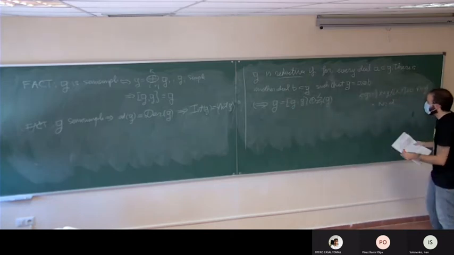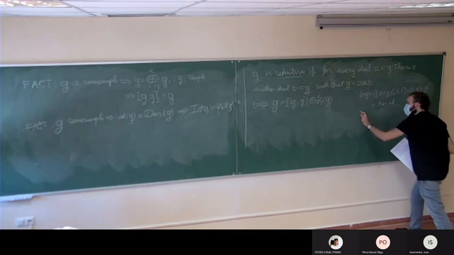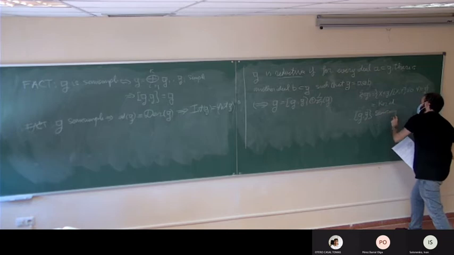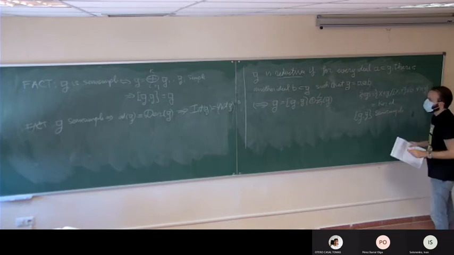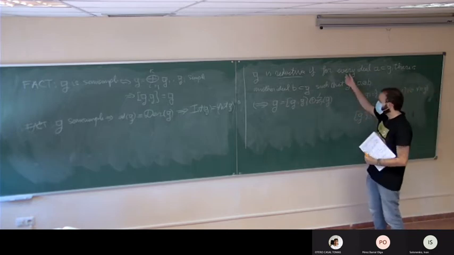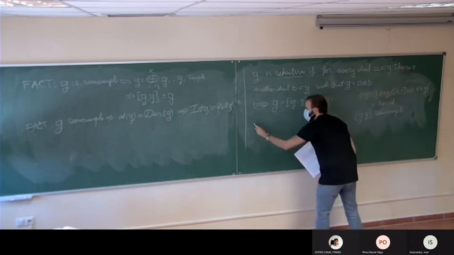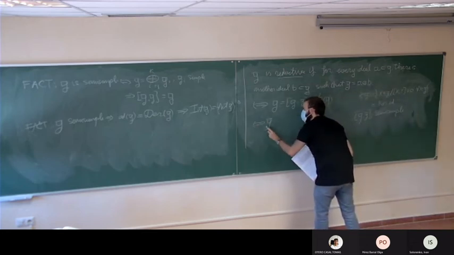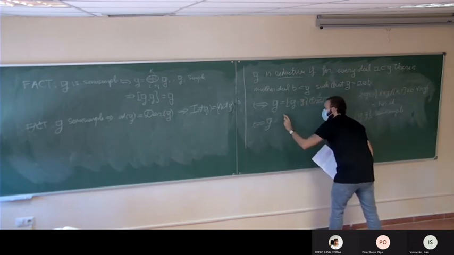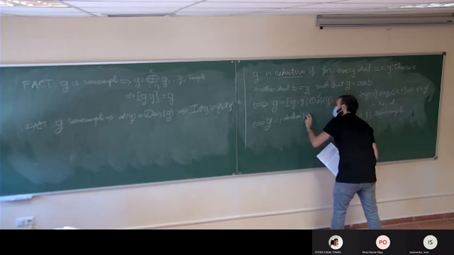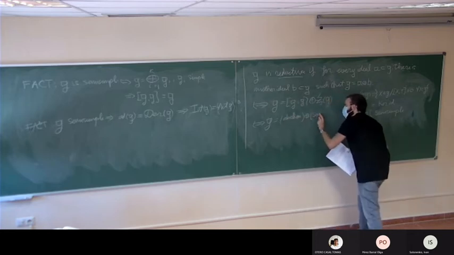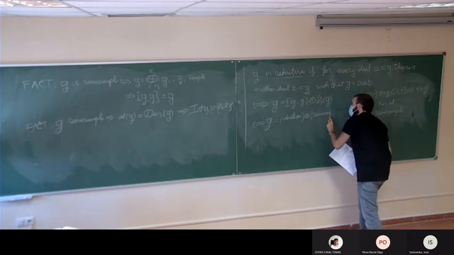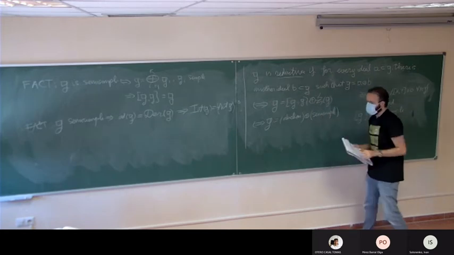So we have that it has an abelian part and a semisimple part. So the definition is equivalent to this, and it's also equivalent to G being the sum of something abelian and something semisimple. Okay.